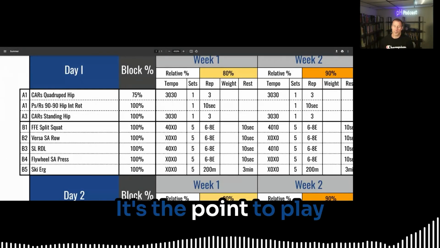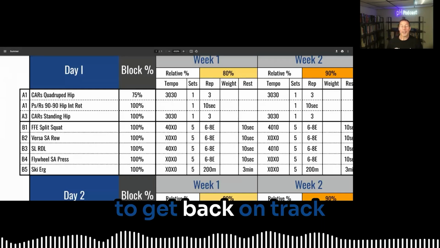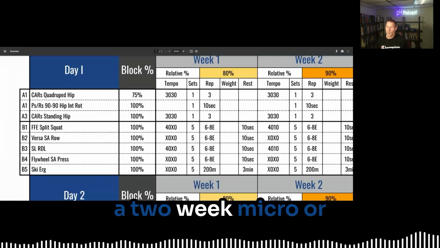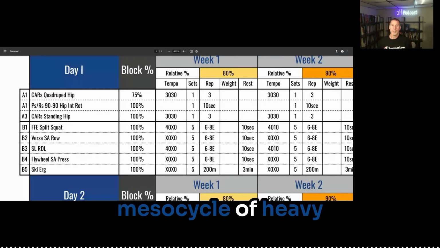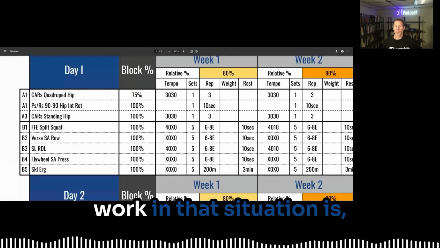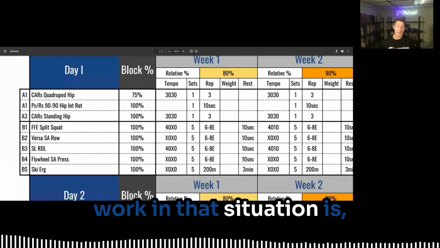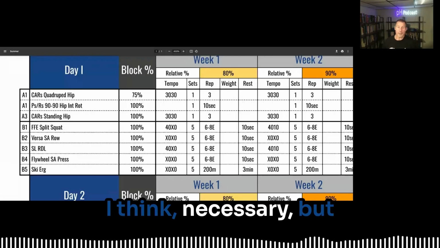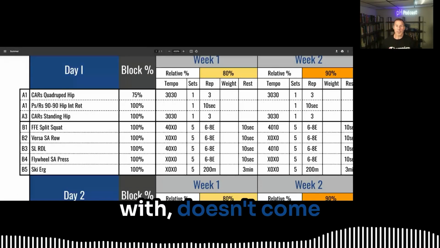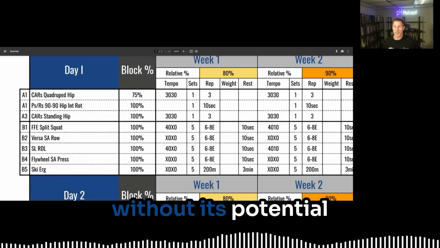The point isn't to play football, but we have to get back on track, and hitting them with a 2 week mesocycle of heavy glycolytic or lactic work in that situation is, I think, necessary, but it also doesn't come without its potential downsides and costs.